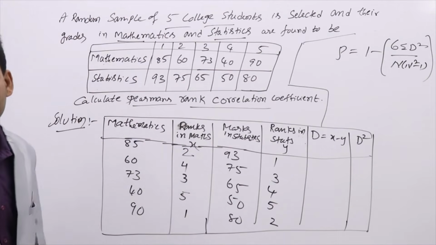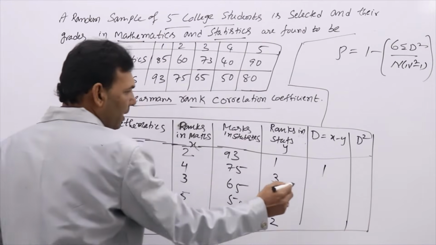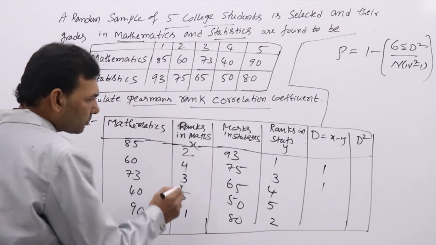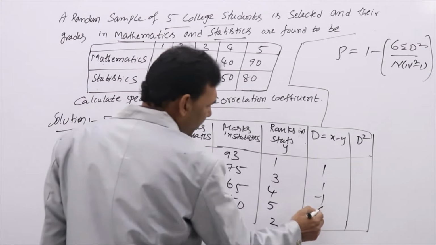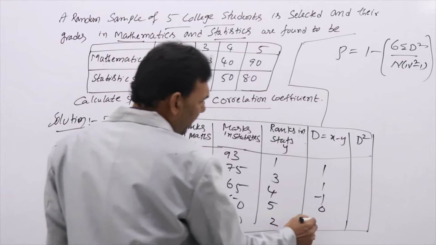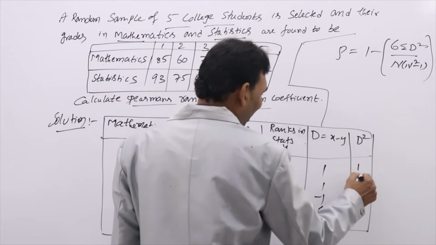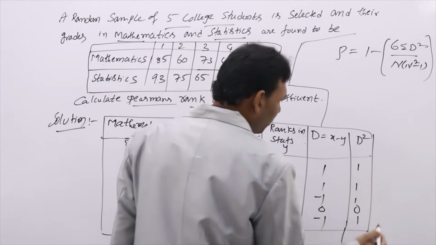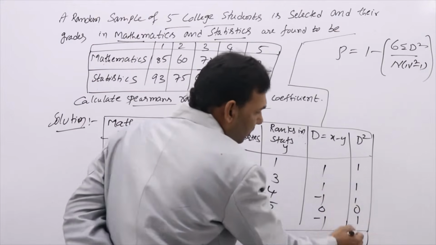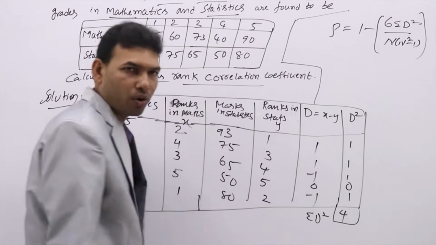Now find the differences. 2 minus 1, 1. 4 minus 3, 1. 3 minus 4, minus 1. 5 minus 5, 0. 1 minus 2, minus 1. If you square, you will get 1, 1, 1, 0, 1. Now find the sum. If you add these all, you will get sigma d square, which is 4.